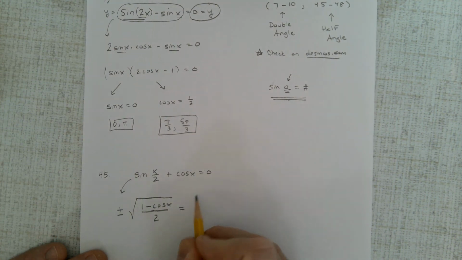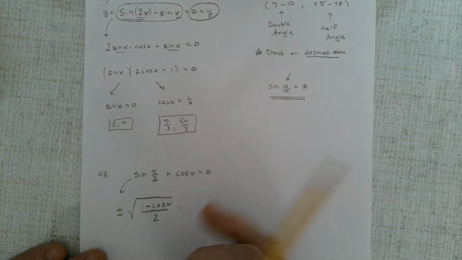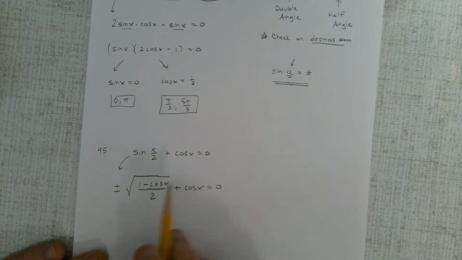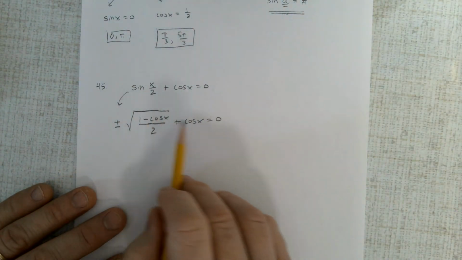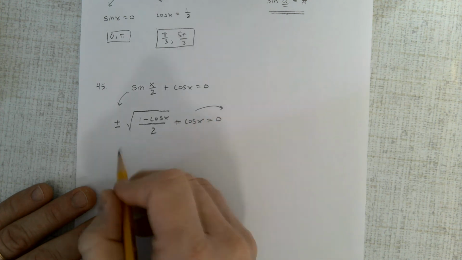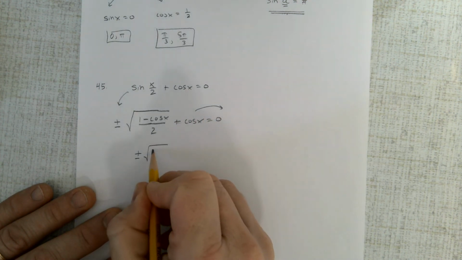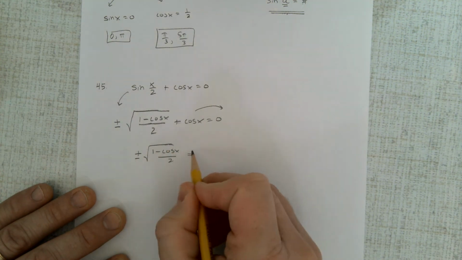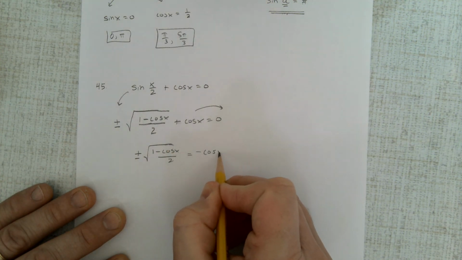Let's go ahead and leave this as plus right here, and now I have to get to the x, so I want to square it. The problem is, if I square this side and this side, I'd have to FOIL this, so why don't we move this over here: plus or minus the square root of (1 minus cosine x) over 2 equals negative cosine x.